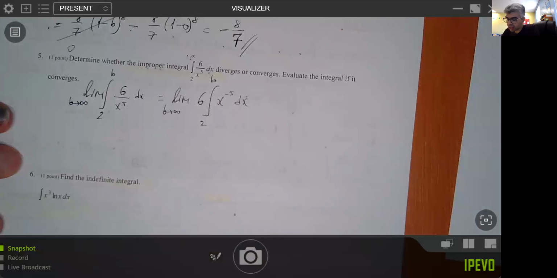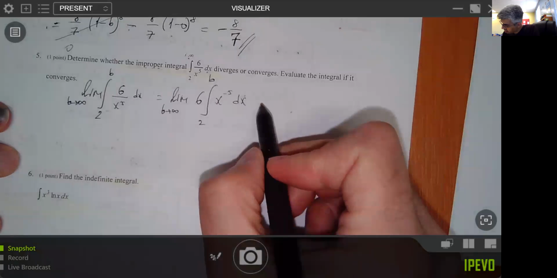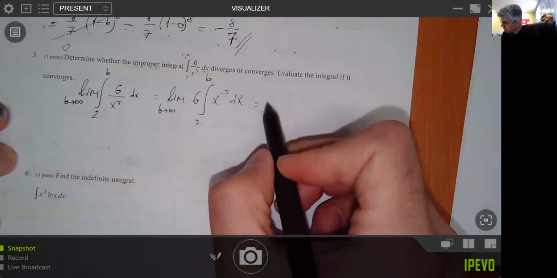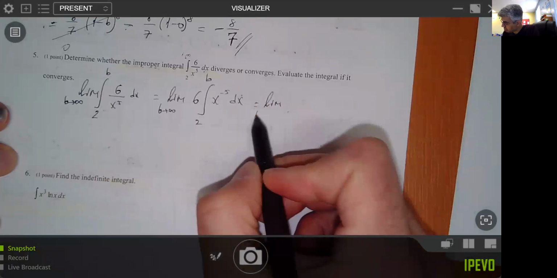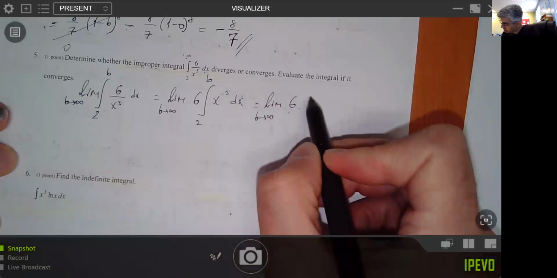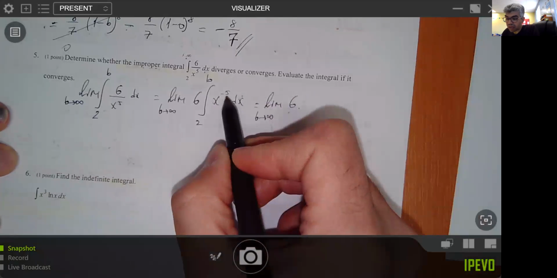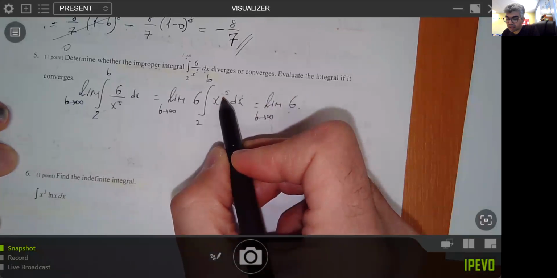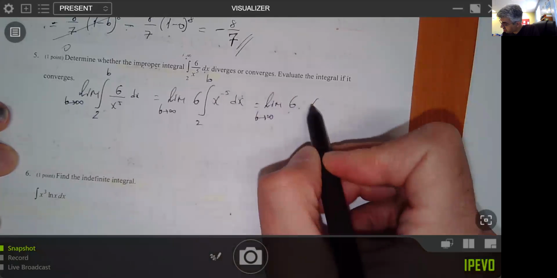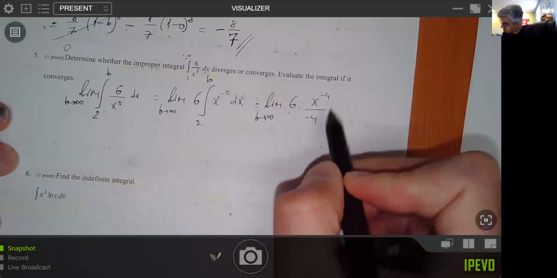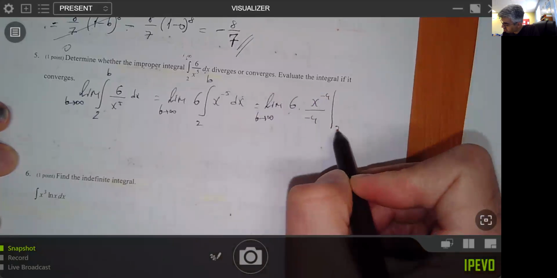Yes, guys, so I have to find this value. Limit as b approaches infinity, 6 times the integral of x to the power of minus 5. What is it, guys? x to the power of minus 4 over 4, from 2 to b.